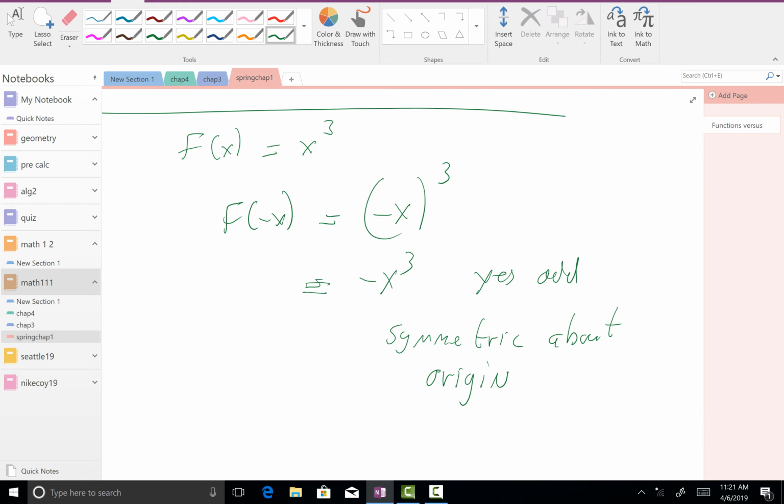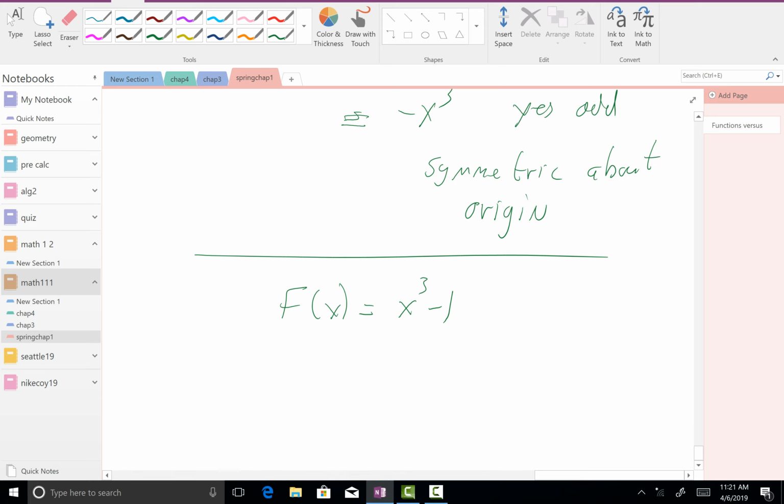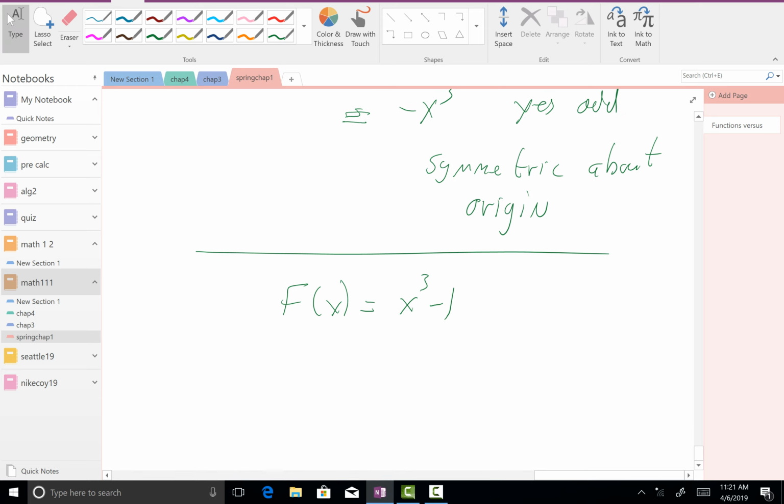So you kind of might want to lean a little bit more this way. They give a good example here. Oh, this one. Another cube, but they put a 1 there, okay? And they say, okay, well, is it even or odd? Well, let's check it out.